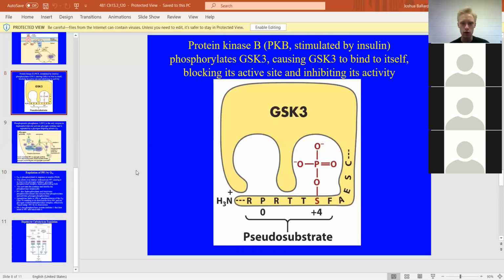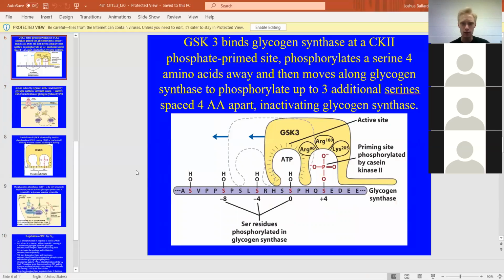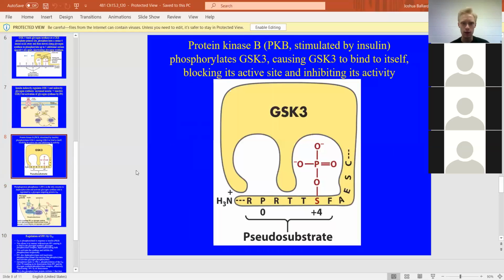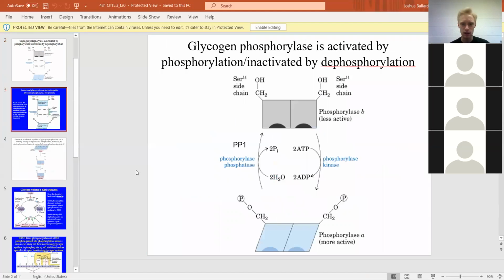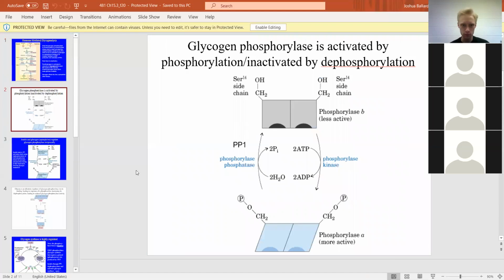I don't think you have to know GSK3. I'll send an email if I do find out that you need to know about that, but I don't think you really need to know anything about GSK3. Mostly it's these beginning slides that you need to focus on, just noticing what phosphorylates what and how phosphorylation inactivates or deactivates something.